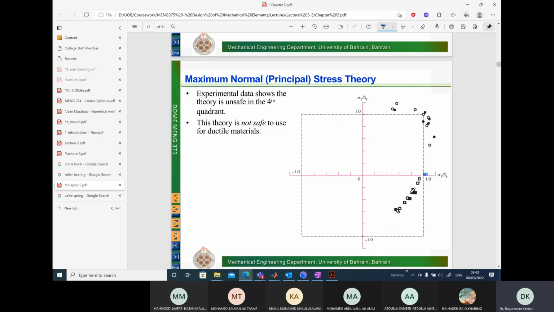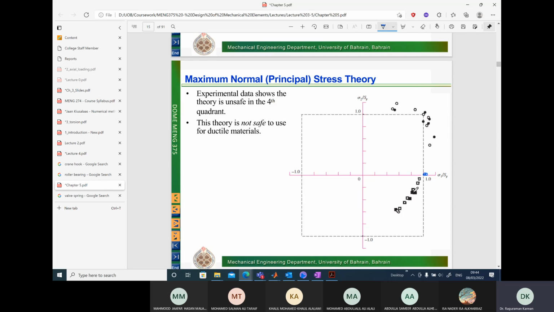But we see in this fourth quadrant, experimentally, that is not the case. What we see here is, even when both the values are lesser, failure takes place in certain directions.